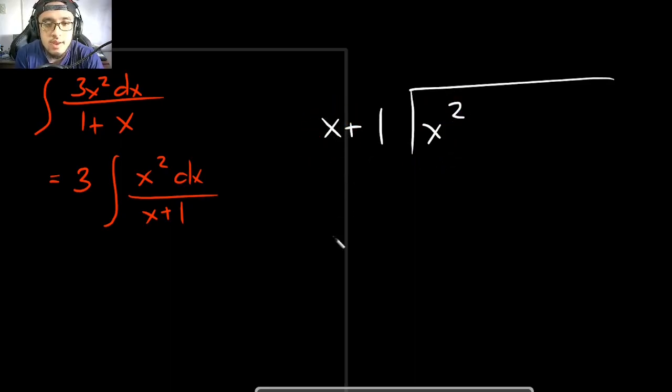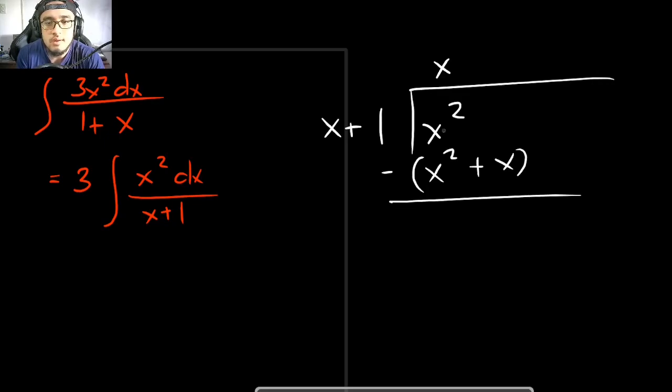So x squared divided by x is equal to x. So x times x is x squared. Then x times 1 is plus x. Subtracting these values, this would just be equal to 0, and this is now equal to negative x.